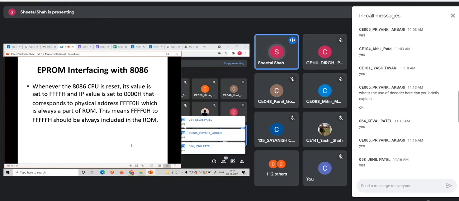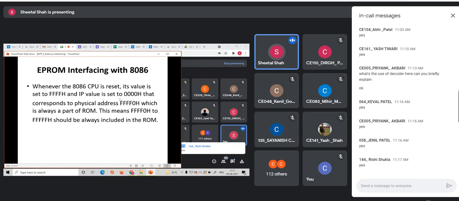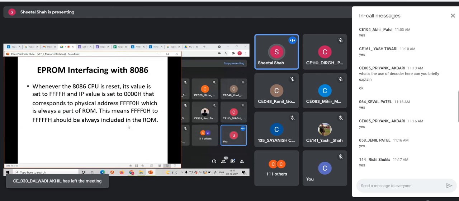Okay, so whenever the 8086 CPU is reset, its CS value is set to FFFF and IP value is 0000, which corresponds to the physical address FFFF0, which is always a part of ROM. This means that FFFF0 to FFFFFH should always be included in the ROM. It should be the ROM IC.